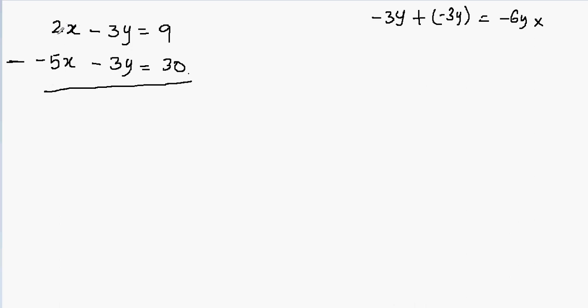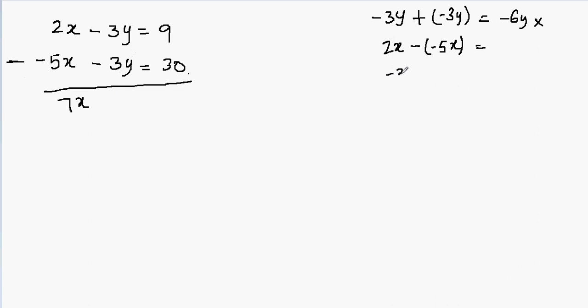This is 2x minus -5x. We can write that inside the parentheses. When you multiply two negative signs, you change it to a positive sign, right? So this will be 2x plus 5x, which is 7x. Then this is -3y minus -3y.